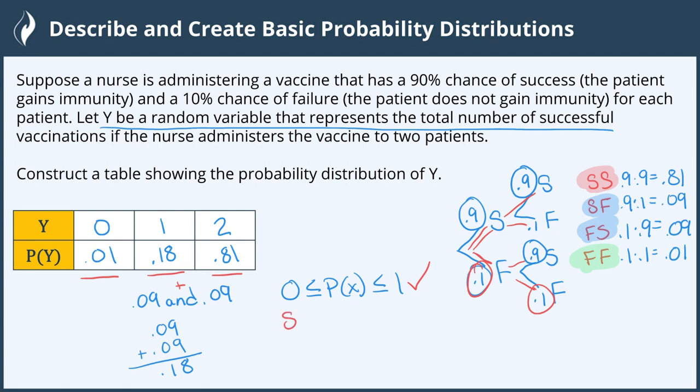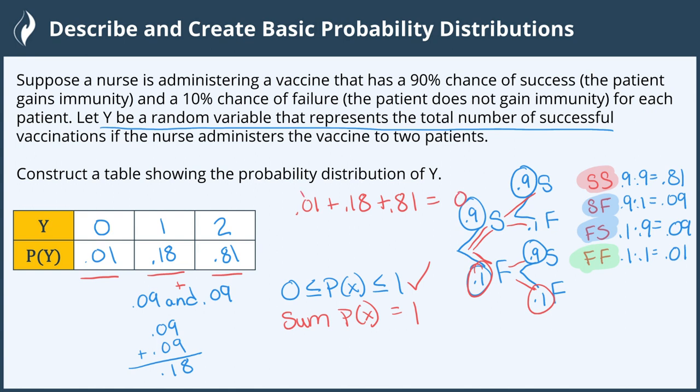The second requirement is that the sum of all of the probabilities equal 1. So let's add our 0.01 plus 0.18 plus 0.81. Adding up all of our hundredths values, we have 1 plus 8 plus 1, which is 10, carry the 1.